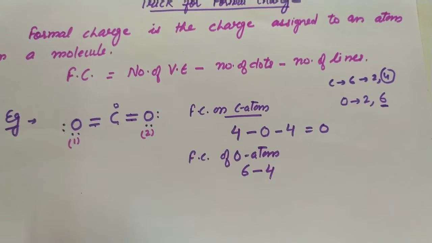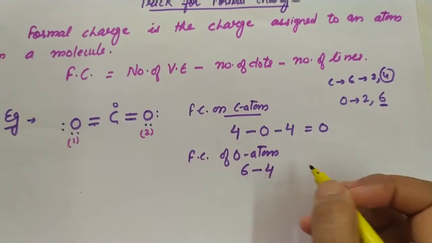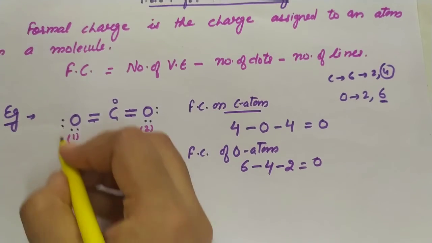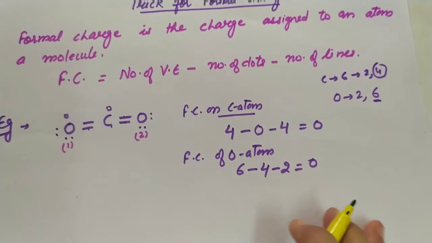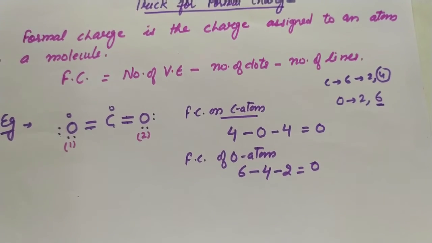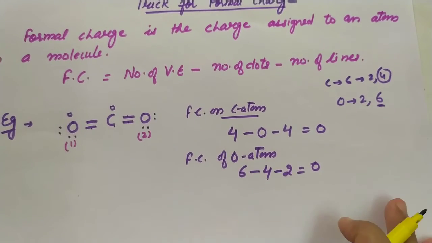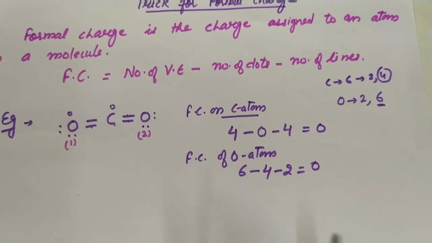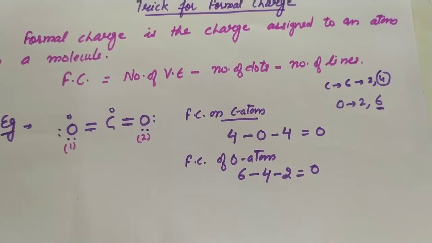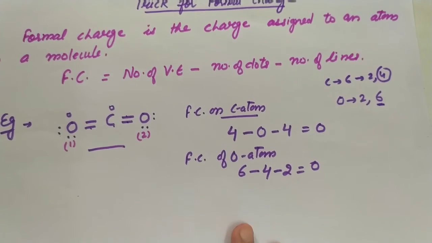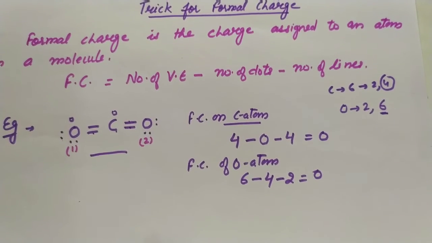Number of dots is 4 and number of lines is 2. 6 minus 6 is equal to 0. It means oxygen also gets formal charge 0. The best Lewis structure, or stable structure, is the structure which contains formal charges of at least 0. So this is the best Lewis structure of carbon dioxide.